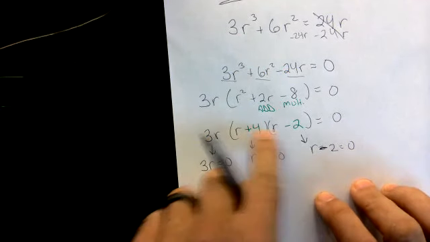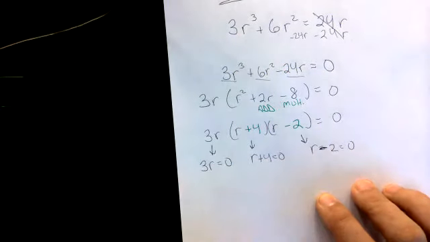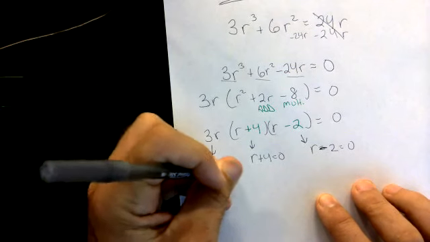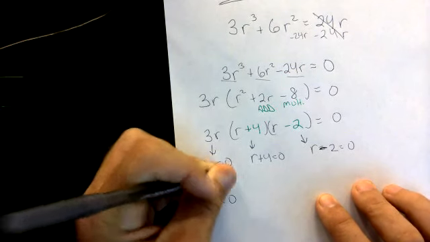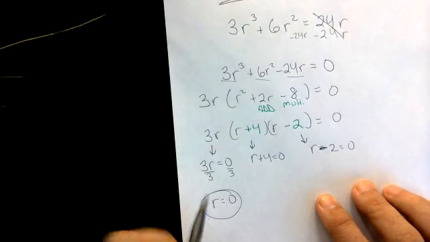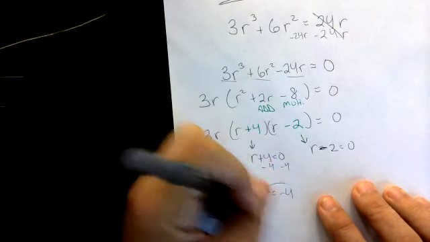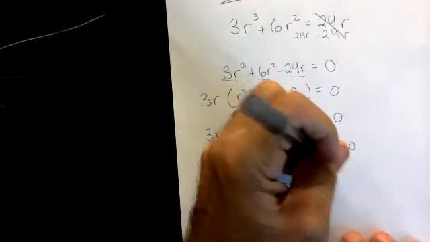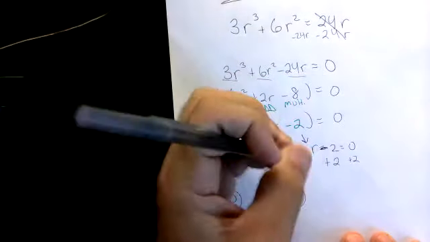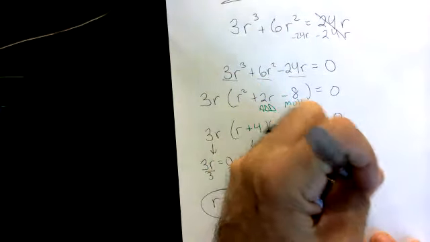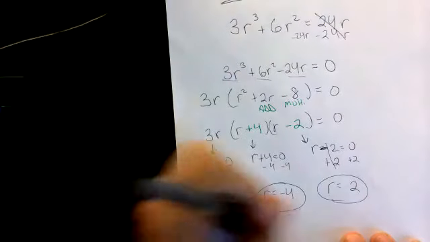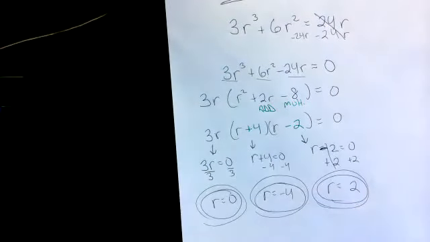So take each of your factors and set them equal to 0 and solve. 0 divided by 3 is 0. Subtract 4 from both sides. R could be negative 4, or add 2 to both sides, and r could be positive 2. We end up with 3 possible solutions.